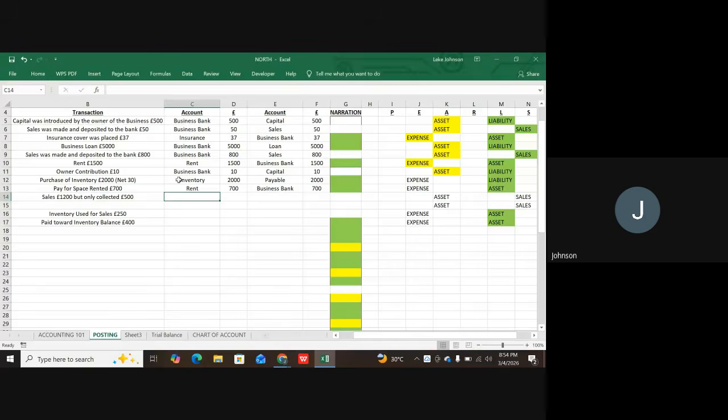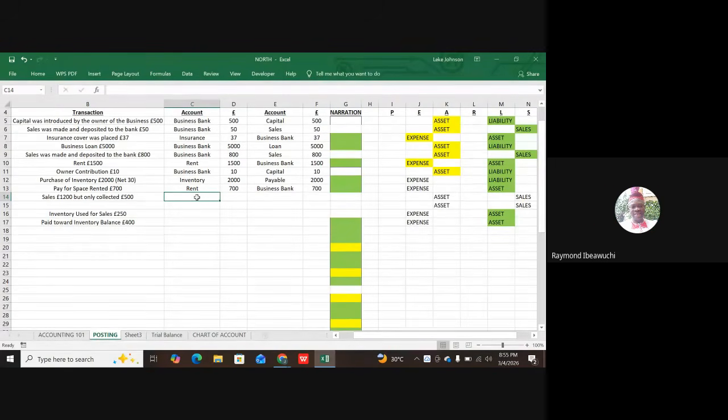Fine. Then the next one, sales of £1,200 was made. However, they told us that only £500 has been collected. So what are we doing? What accounts are going to be affected? How many accounts will be affected here? 3 accounts. Okay, so what accounts?